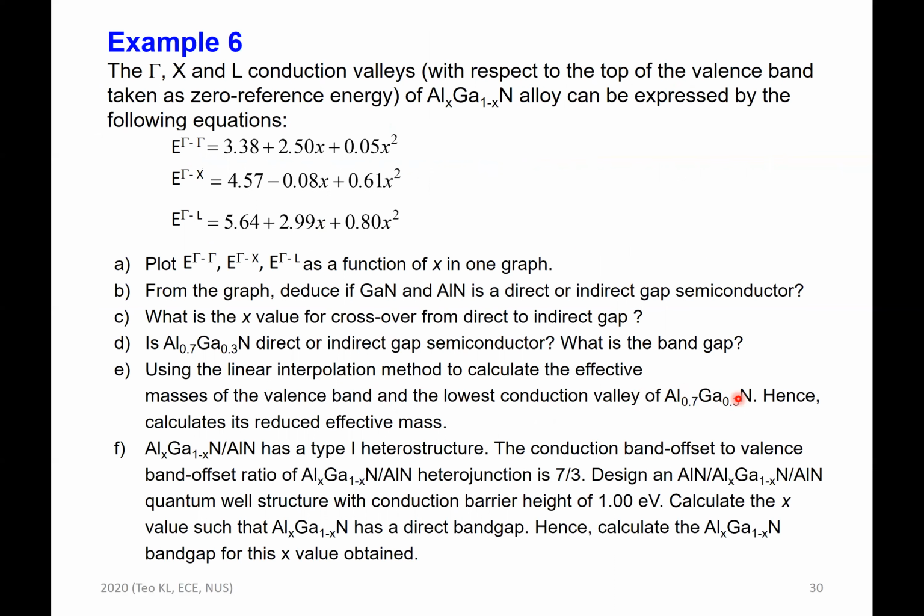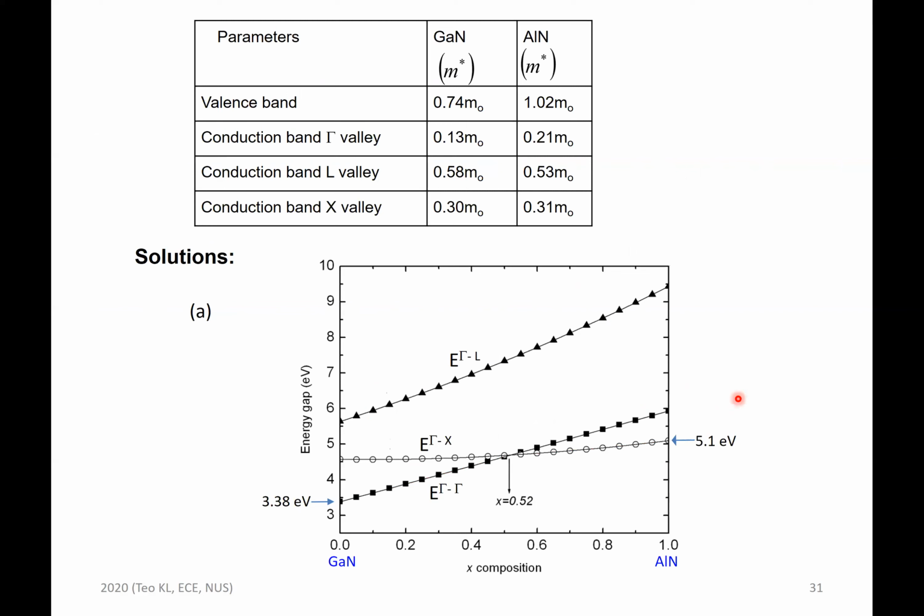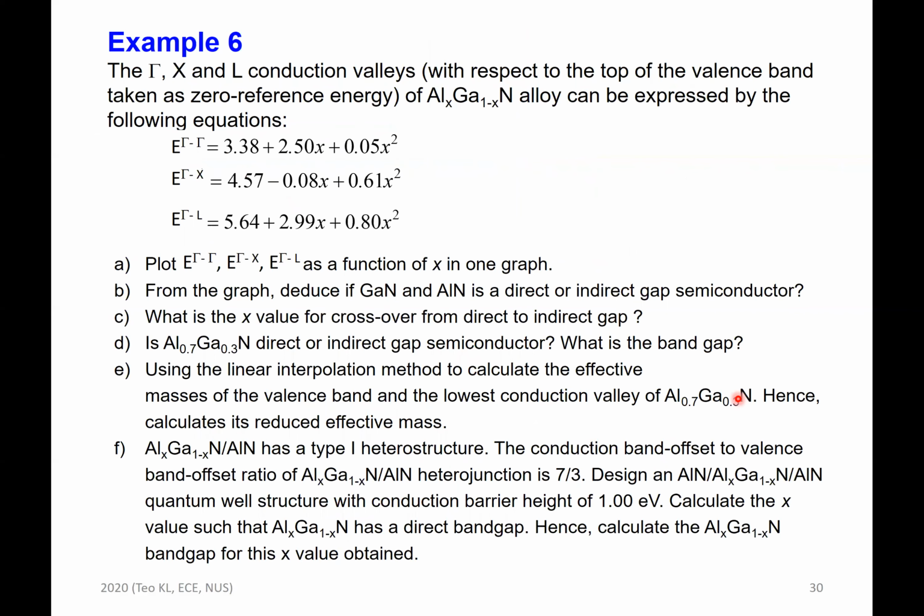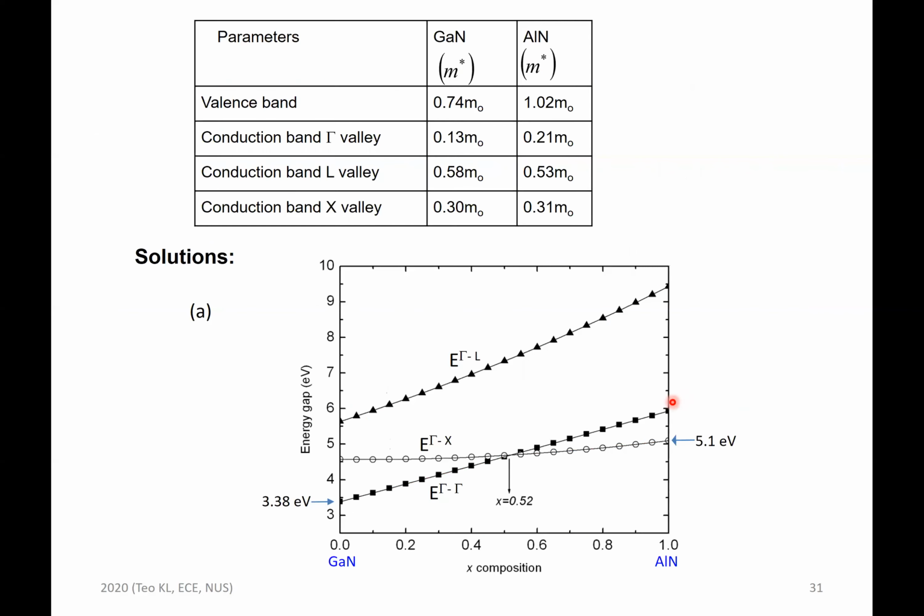Now, the lowest conduction valley for composition 0.7 is this curve, E gamma X. So we will ignore the other two curves. The lowest conduction valley. So when you use the effective mass, we will look for the conduction band X value for gallium nitride and aluminum nitride effective mass.